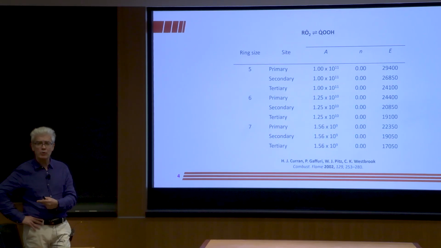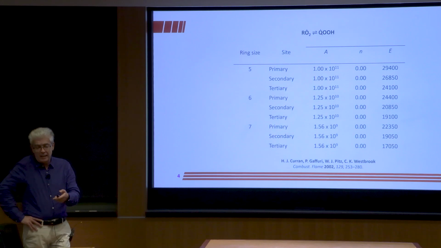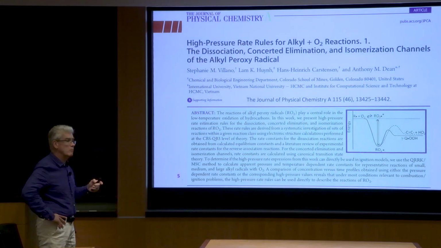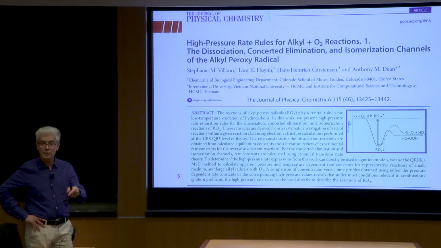And we can have an 8-membered ring too, but by the time you get to an 8-membered ring, those are not competitive because the frequency factor is so low that really the 5, 6, and 7 are the ones that we need to consider in the mechanism. Sometimes they're important when other options aren't available.